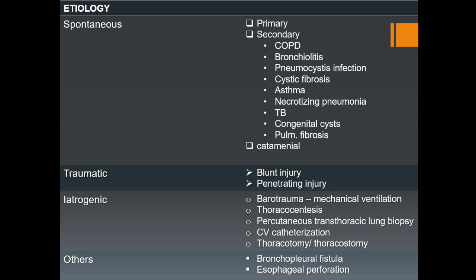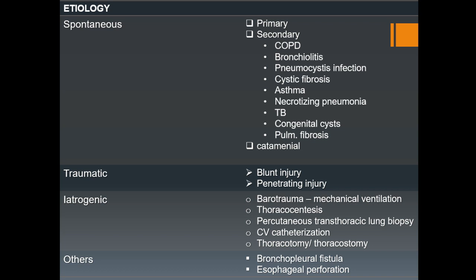Pulmonary fibrosis: now we can find a lot of cases due to COVID-19 and its post-complications, especially if the patient has underlying lung disease. Unfortunately, it may develop in the future, after 5 to 6 months post-COVID, into pulmonary fibrosis.